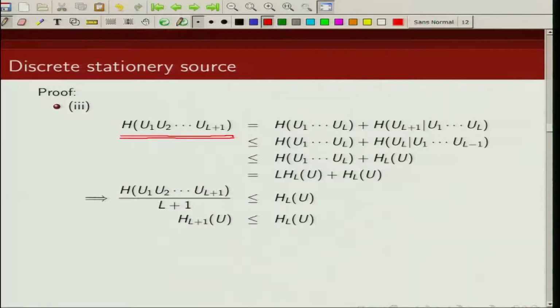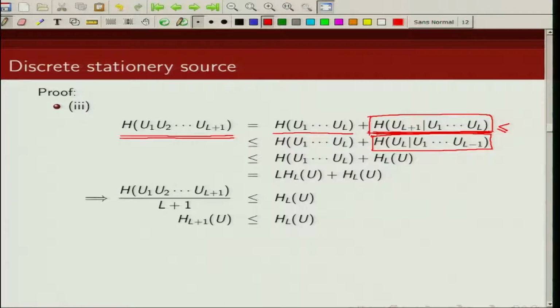Again using the chain rule, I can write this as uncertainty in U1, U2, U3, UL plus uncertainty in UL plus 1 given U1, U2, U3, UL. Now, because this particular term is non-increasing as L increases, this term will be less than or equal to this term.